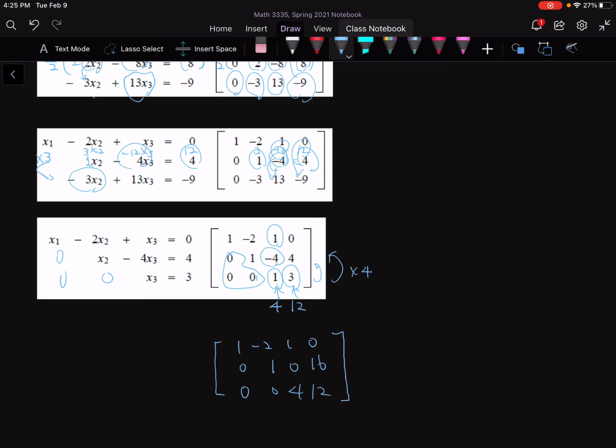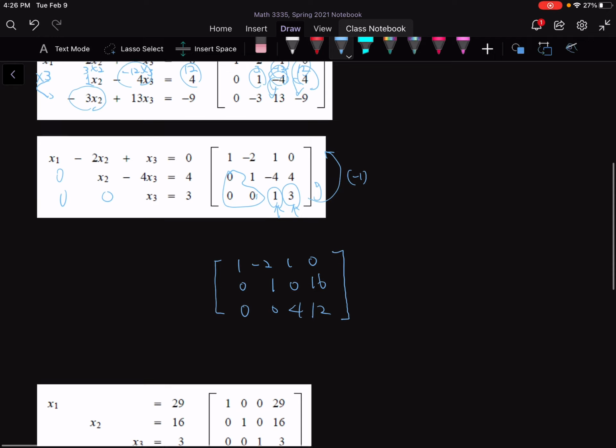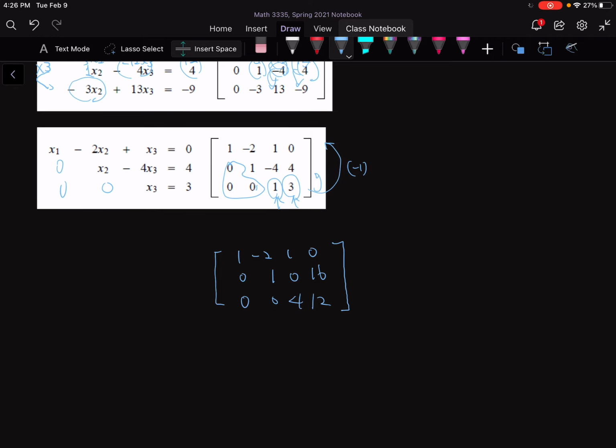We want to get rid of this 1 right here. So what we can do is equation 3 times negative 1 added up. So what do we get? Sorry, that's 1 and 3, my bad.